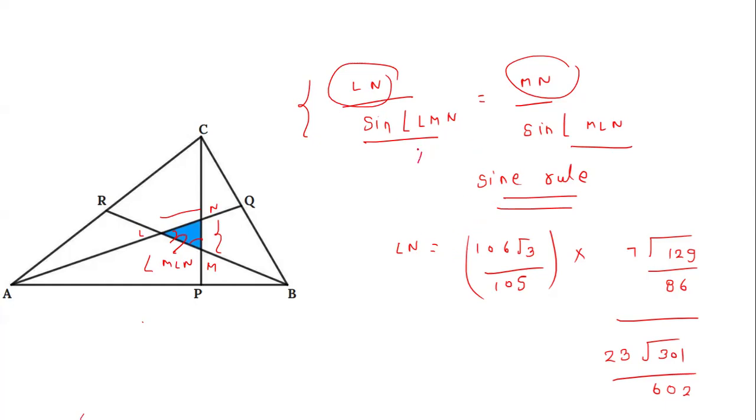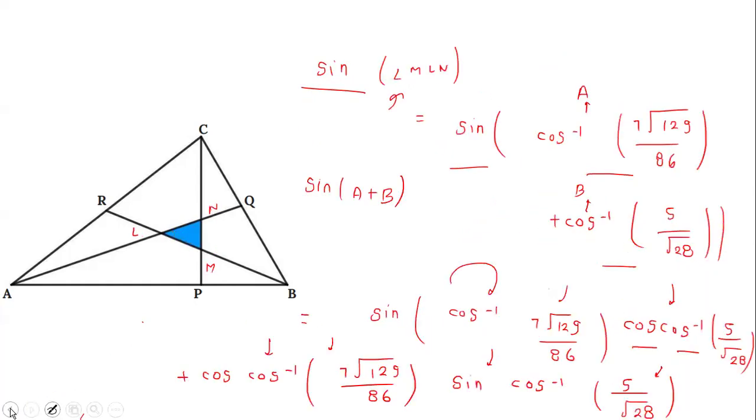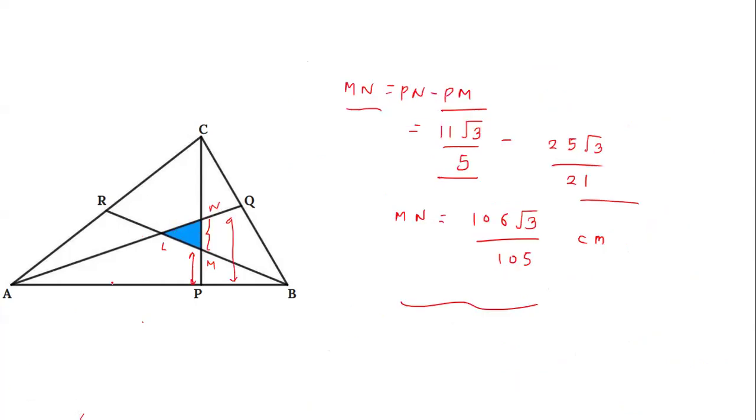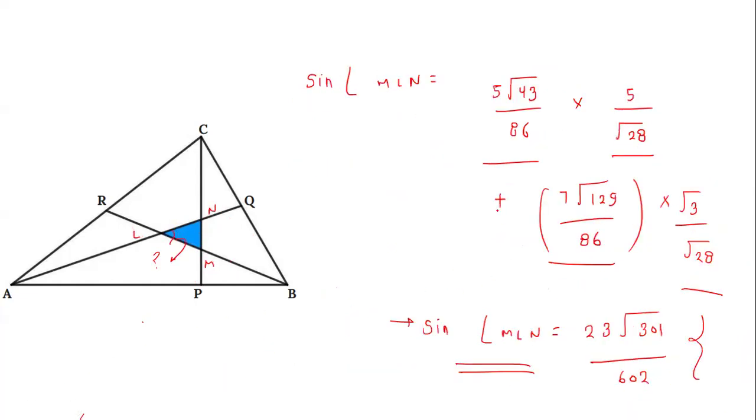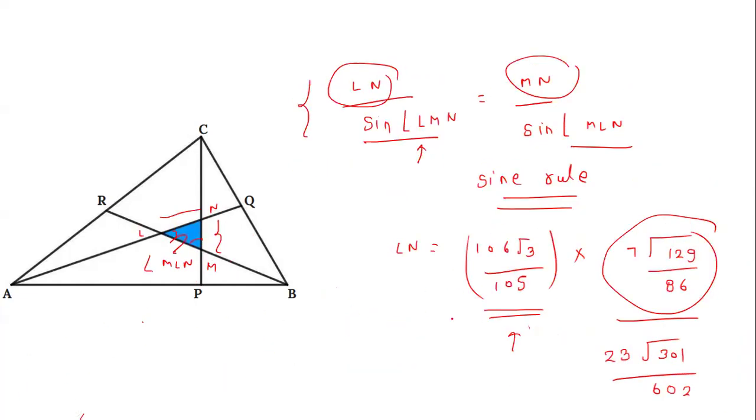So it is simply this, sine of angle LMN, which we calculated previously, and this is our side MN that we calculated. So MN we calculated here, it is 106 root 3 divided by 105. So I put that here.